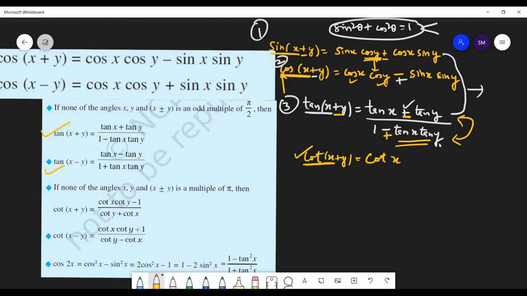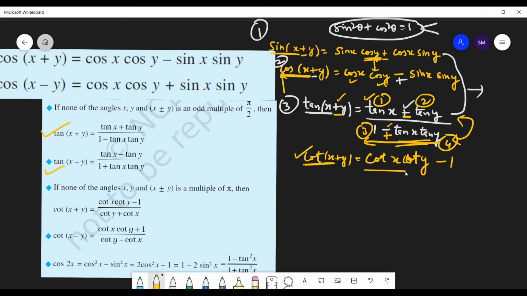So you can write it from the back. You started from here, and then first, second, third, fourth, right? Now for cot, start from the back, from the fourth. Cot x, cot y. And as when there was plus, there was minus over here. So same is the case, but just in the reverse direction.